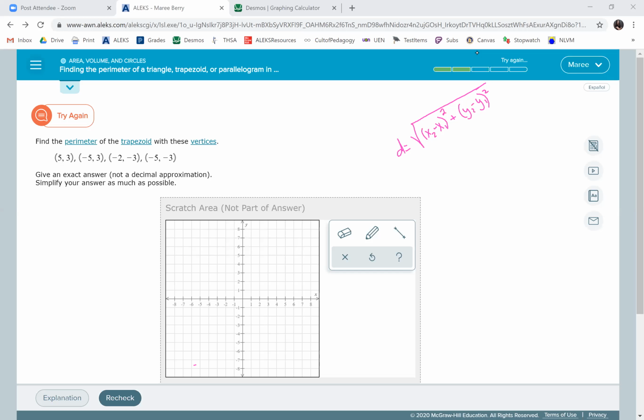So we shall graph this at 5, 3. You know, I'm going to do this. It'll be a lot easier. 5, 3, -5, 3. And then -2, -3. And then -5, -3. Oh, that's because I did it over here.